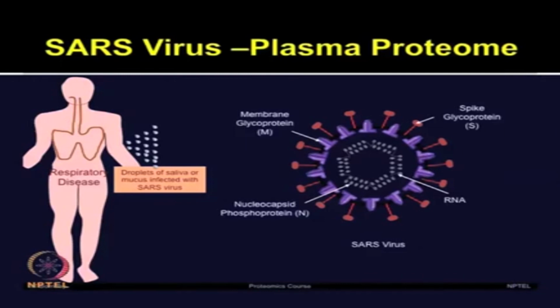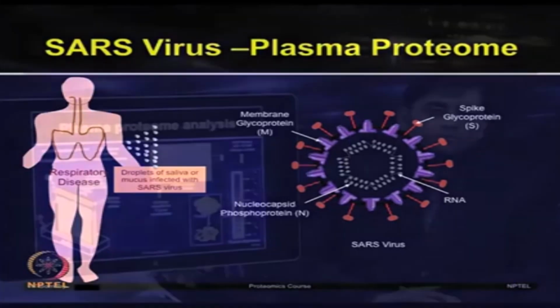However, the pathogenesis of SARS was not very clearly understood. Serum or plasma provides a very valuable sample to identify targets for diagnostic, prognostic and therapeutics. So, the authors used plasma samples for the analysis of proteomic alteration in SARS patients.